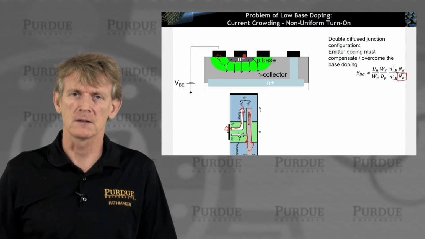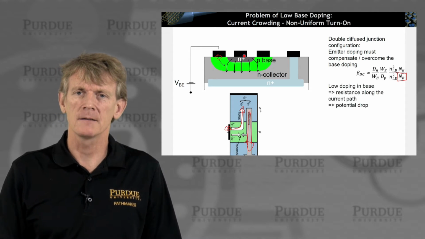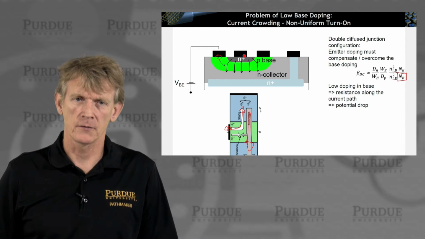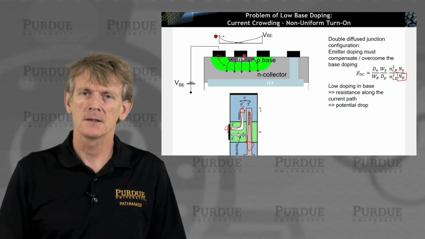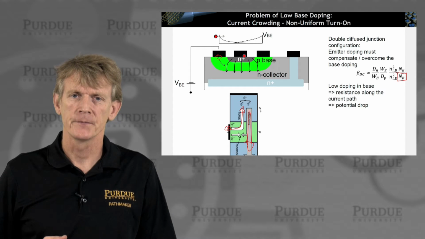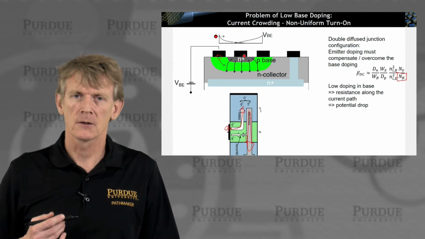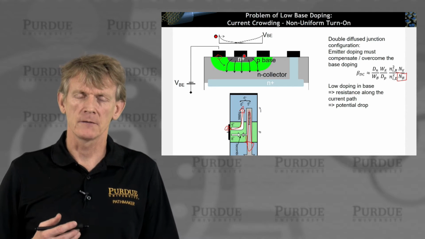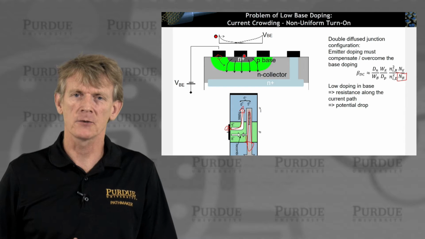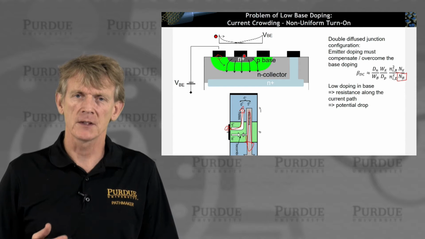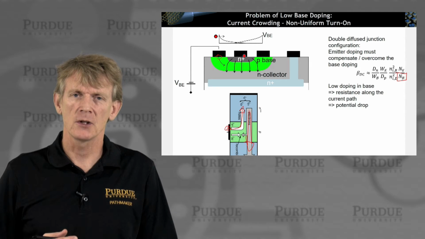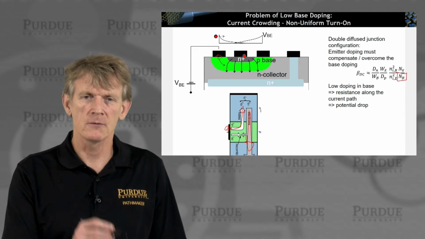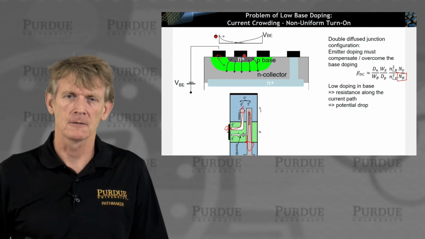It becomes resistive. What you really have is a resistance path for the holes, and your potential is not constant. So you have a resistive drop. Remember, you have a quasi-Fermi level dropping. You have resistive losses, so you have an electrostatic potential throughout this green region that is not constant.